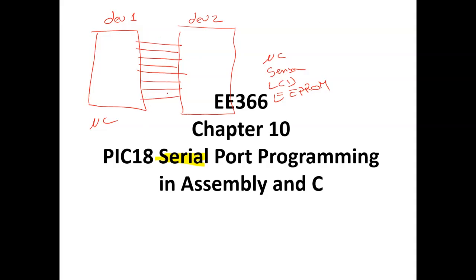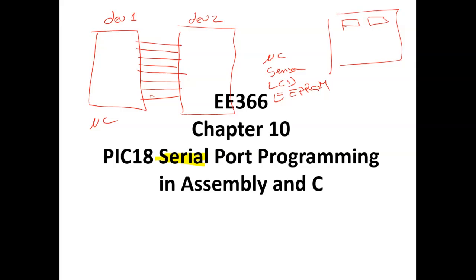So what is the disadvantage of using parallel communication? Let's suppose that we are designing a system in which we need two LCDs and we need to connect, for example, 5 sensors.